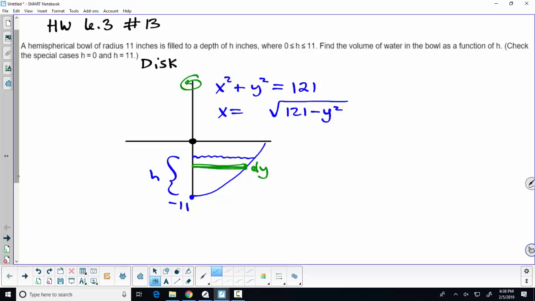We mentioned this previous disk method, pi r squared. Here it's pi times whatever we want to call this function of y squared. So that's our g of y.